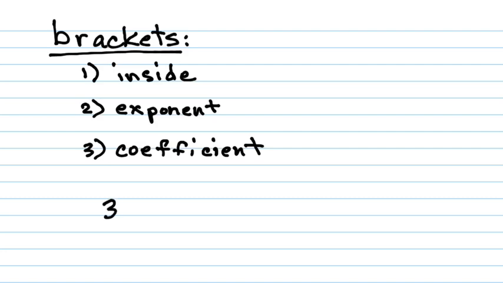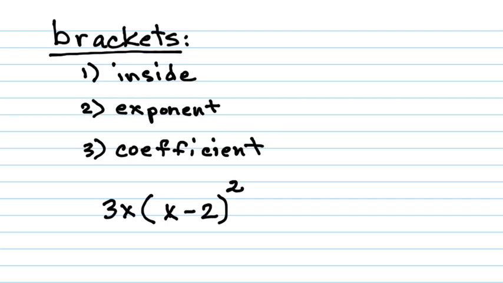Say we have 3x, open the bracket, x minus 2, close the bracket, and we'll just make it to the second power. This is an example of a bracket that has all three parts. Now, we're not going to even think about working it out right now. All I'm interested in right now is that I want you to tell me where the pieces are.